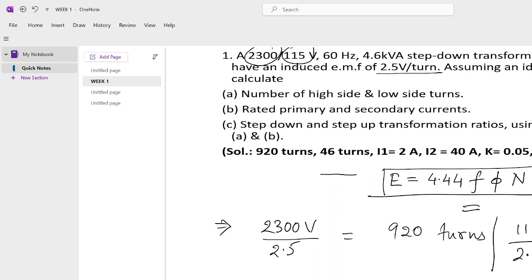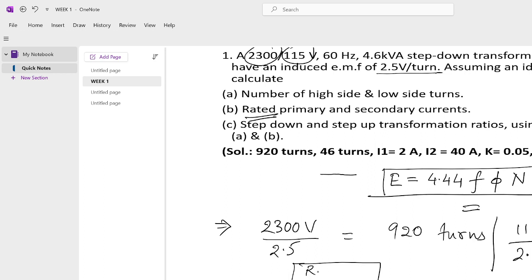Now it is given rated primary and secondary currents. What is the meaning of rated? Rated value means the transformer has some nameplate details.